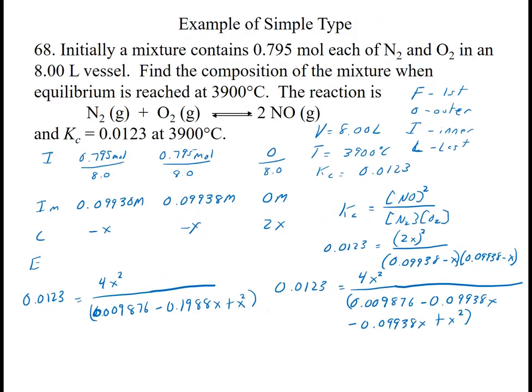But just to go back, that means that this is going to be 0.09938 minus the 0.00522, and that's going to be for both of these.